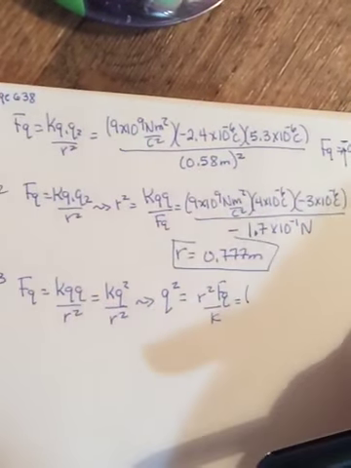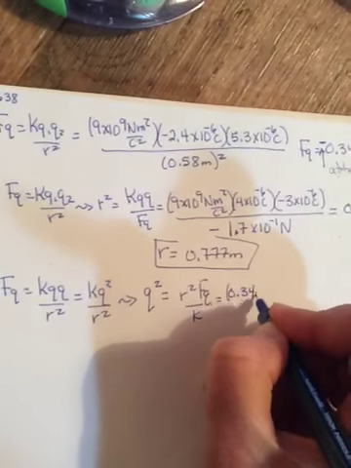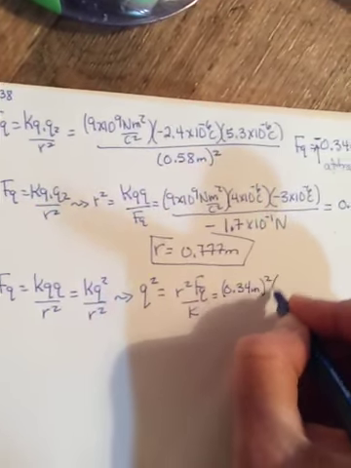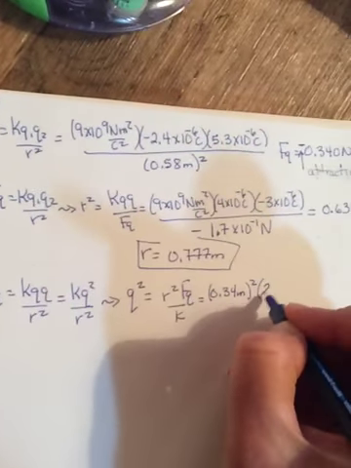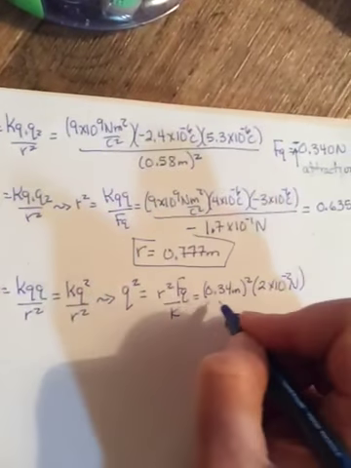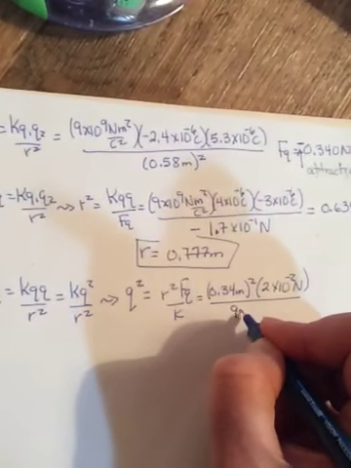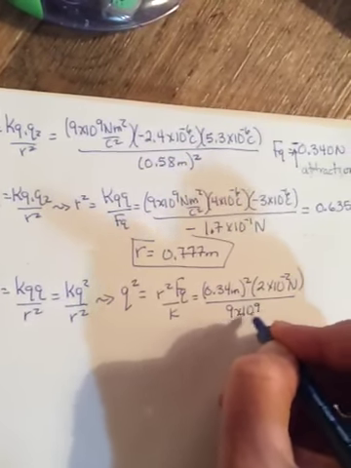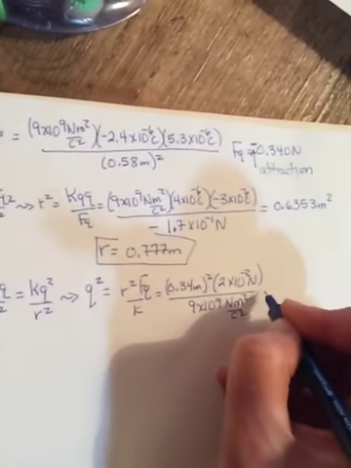So it told us they were placed 34 centimeters apart, so 0.34 meters squared. It said the F_Q was 2 times 10 to the negative 2. And if they're identically charged, they're going to repel, and so it should be positive. You don't have to worry about your negative here. And K is 9 times 10 to the 9th newton meters squared per coulomb squared.